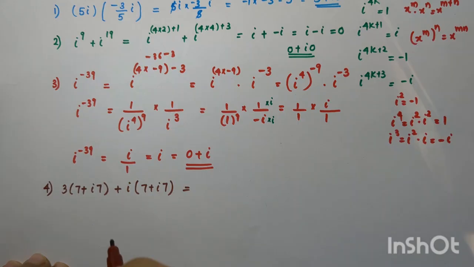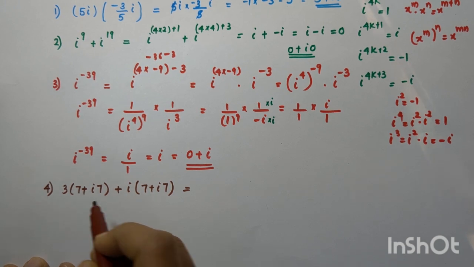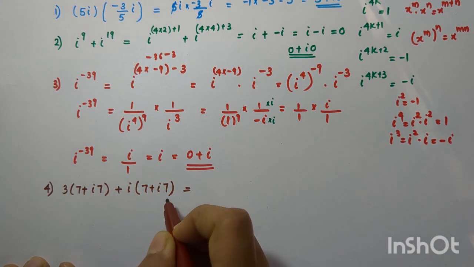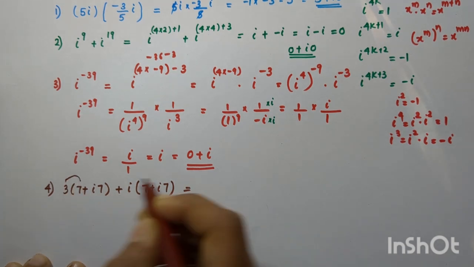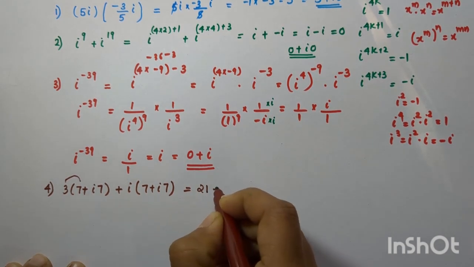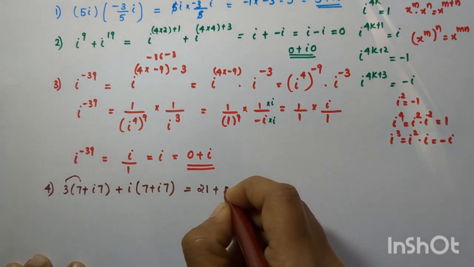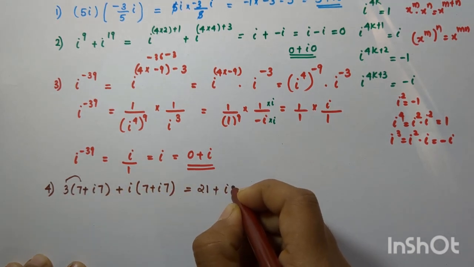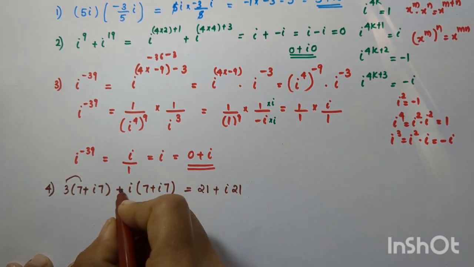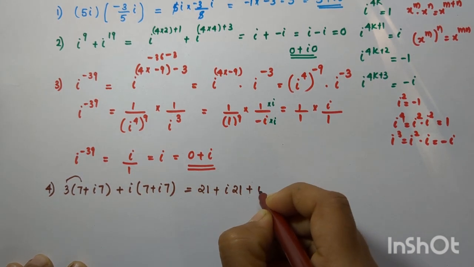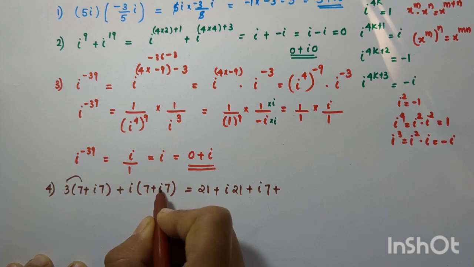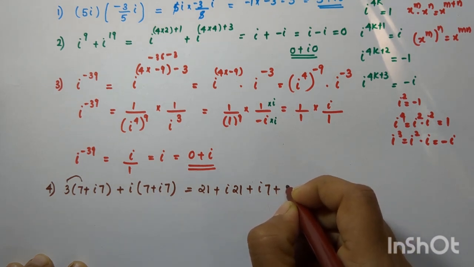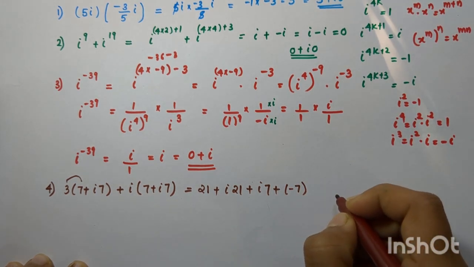Now, the next one is 3 plus i7 into 7 plus i7. So, you see, this can be written as 3 into 7, 21, plus 3 into i7, which is i into 21, plus i into 7, i7, plus i into i7, i into i square, which is minus 1. So minus 1 into 7, which is minus 7.